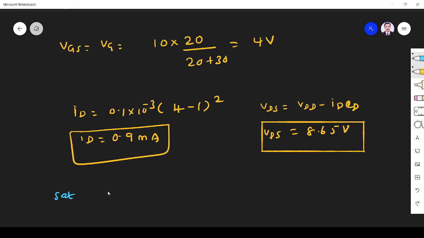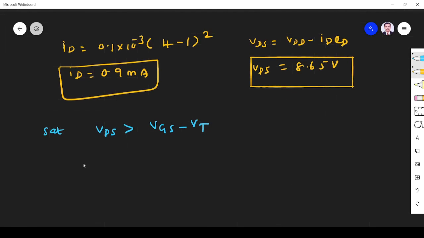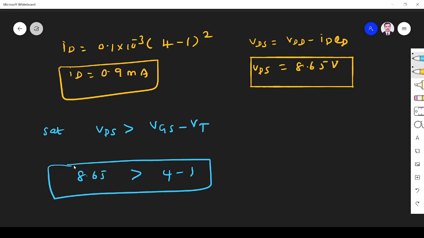For saturation, we know VDS must be greater than VGS minus VT. VDS we found is 8.65 volt, VGS we found is 4 volt, and VT is 1 volt given here. So 8.65 is greater than 3, so our assumption is right. So this implies saturation, so ID of 0.9 is right, and VDS of 8.65 is also right.